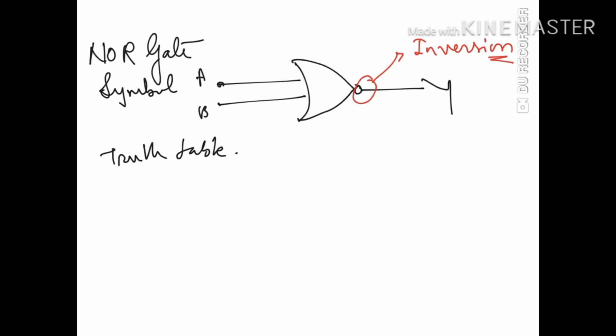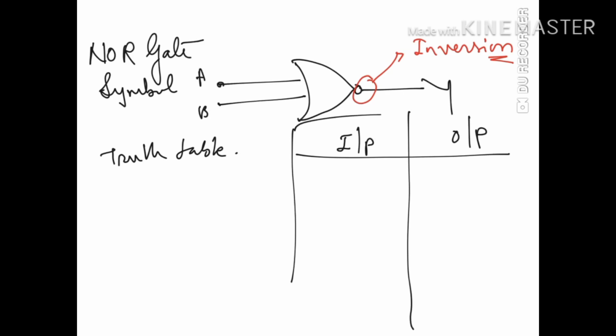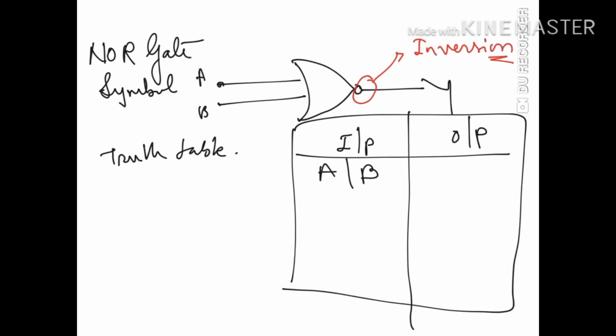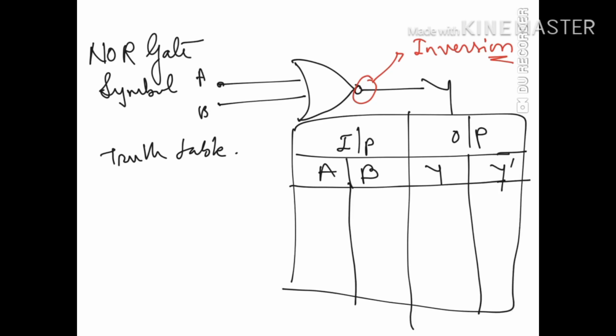The truth table will be again the same thing. Input. Here we go for output. Here it is A and B, and here it is Y and Y dash. So this is a NOT OR gate, which is equal to an OR gate followed by a NOT gate.